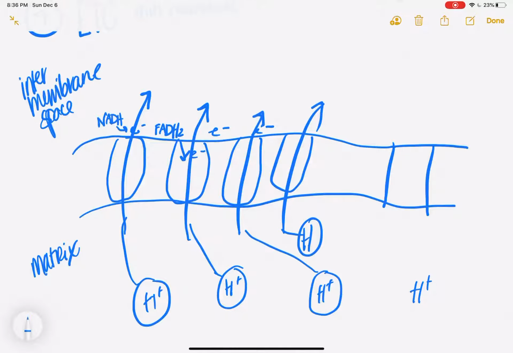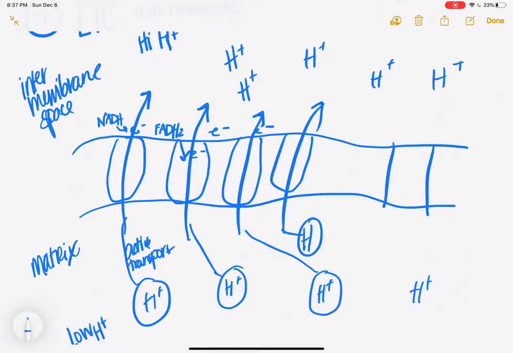And so this represents active transport, because we have low hydrogens here and high hydrogens here. And so they're moving against the concentration gradient. So we see all these hydrogens building up here, more hydrogens on the outside than there are on the inside. And they want to get back through.